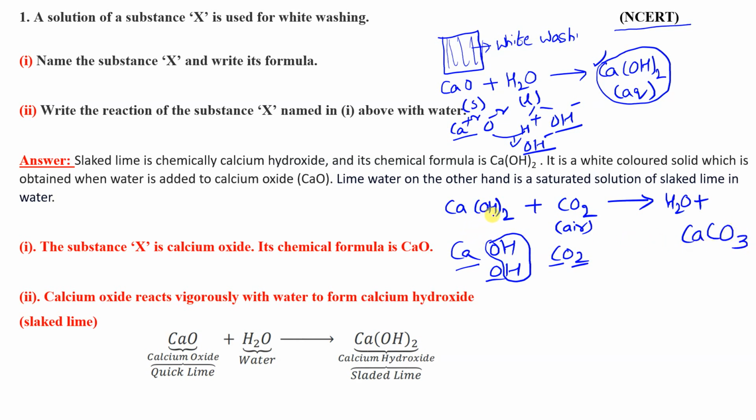When this slaked lime, Ca(OH)2, is applied on the walls, the wall is exposed to the air which contains CO2. Both combine together, and we get water and calcium carbonate. So on the wall, after whitewash, we have the chemical calcium carbonate. At the start of the process, we use solid calcium oxide.